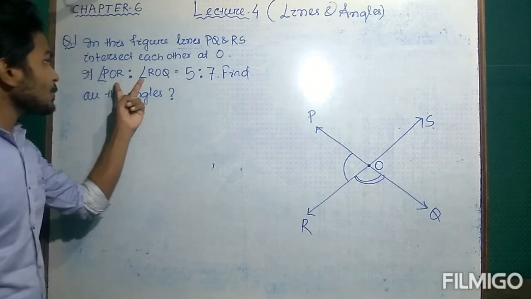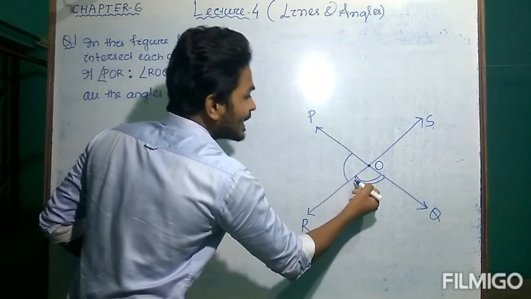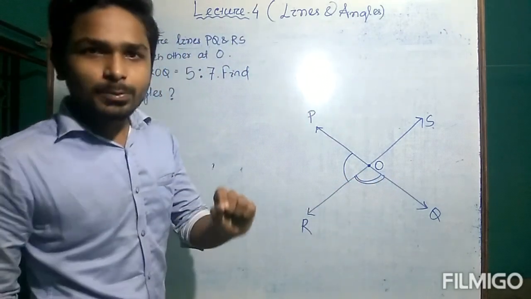It means the ratio of two angles is given, that is 5:7. This angle is to this angle is equal to 5:7.